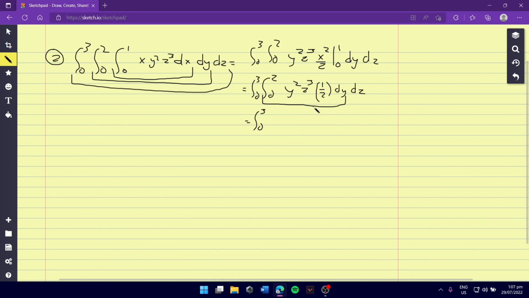Then integrate y squared, which becomes y cubed over 3, with the limits from 0 to 2.